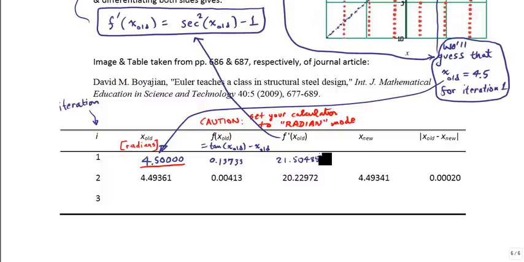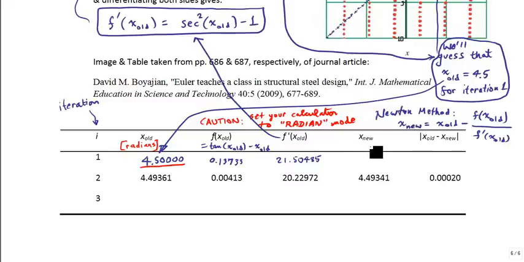Now we put everything into Newton's formula. So the Newton method said that x new is x old minus f of x old divided by f prime of x old.